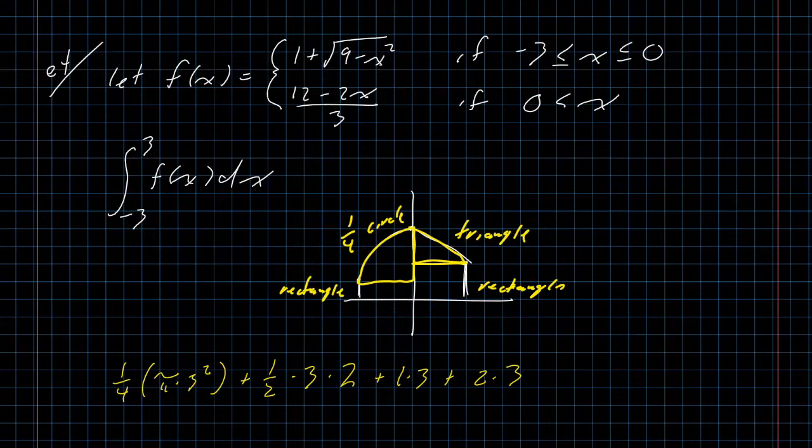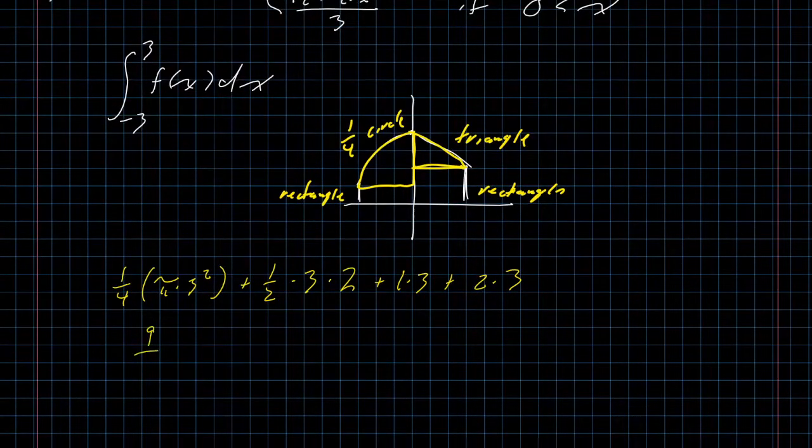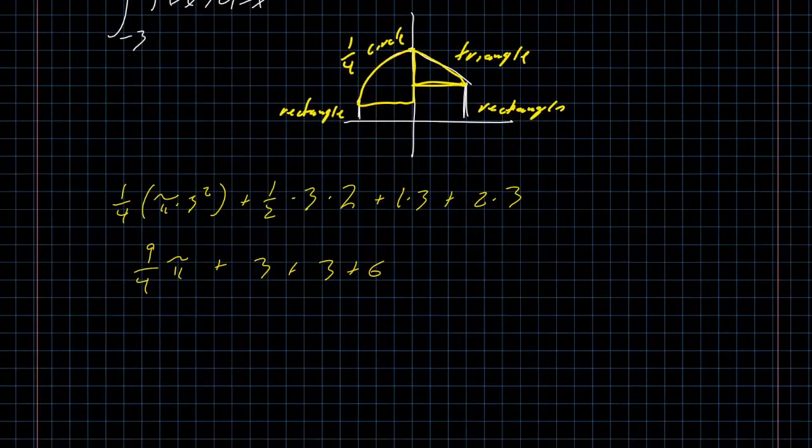And so if I do just that, I'll have 9/4 pi, I'll have 3, I'll have 3, and I'll have 6. So all told, that is 12 plus 9 pi over 4. Again, you can get a decimal approximation if you would like, but I'm happy to leave it as that.